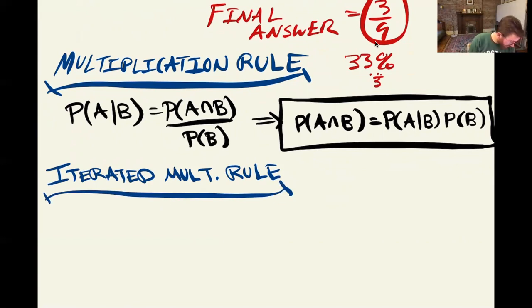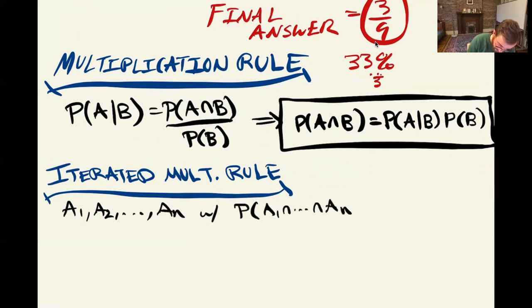So let's suppose we've got a collection of events, A1, A2, all the way down to An, where the probability of all these events occurring is non-zero.